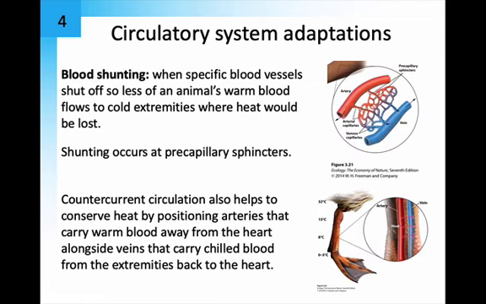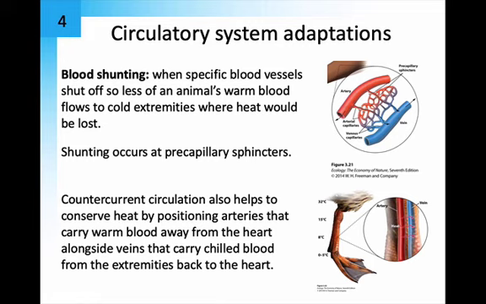So, homeotherms in particular have a number of adaptations to minimize heat loss, and guess what? We've seen them before. This is countercurrent circulation. We have blood shunting, in which blood vessels near the periphery of the organism can just be kind of shut down, so that although they have lower blood supply, they also lose less heat.